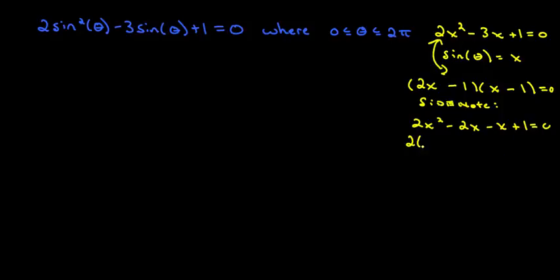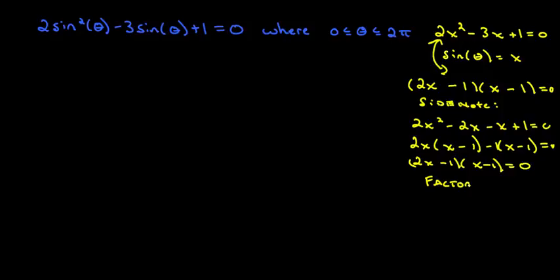Then factoring, this gives me 2x times x minus 1. If I pull out a negative, I get minus 1 times x minus 1. And then if I factor out, there's really a 1 in front, so I can go 2x minus 1 times x minus 1 is equal to 0. So this is factoring by grouping.